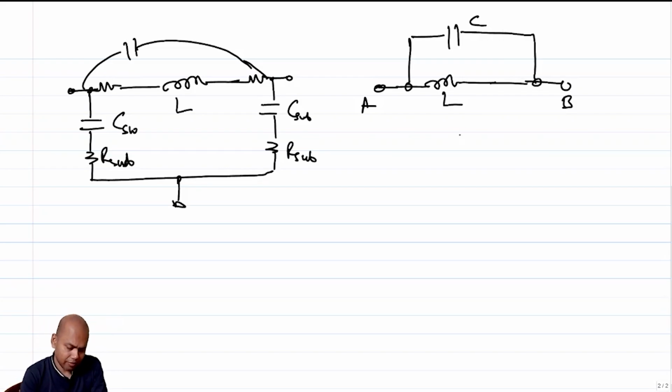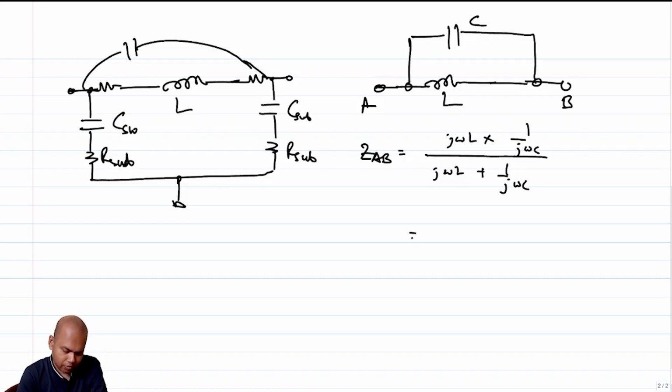The impedance that I'm going to see is j omega L times 1 by j omega C, divided by j omega L plus 1 by j omega C, which is nothing but j omega L by 1 minus omega square LC.